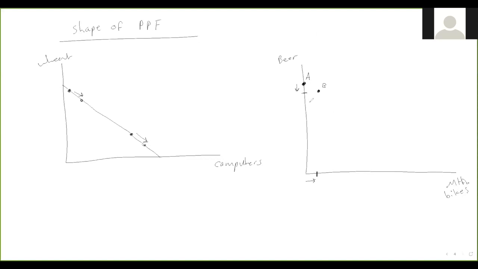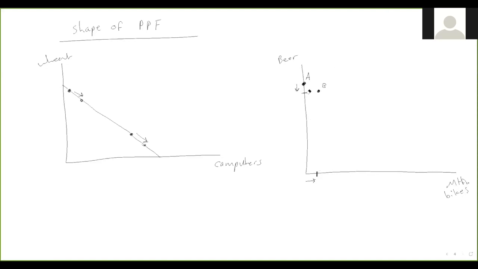If you're allocating labor, you want the people who are really bad at producing beer to start producing mountain bikes. And so those people that are going to shift were not very good at producing beer in the first place. So you don't actually lose that much beer relative to the number of mountain bikes you gain. So the opportunity cost of that first few units of mountain bikes is actually quite low.